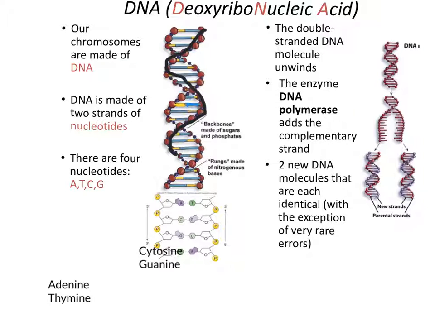Okay. Our chromosomes are made up of DNA, and they have a backbone of phosphate and sugars.